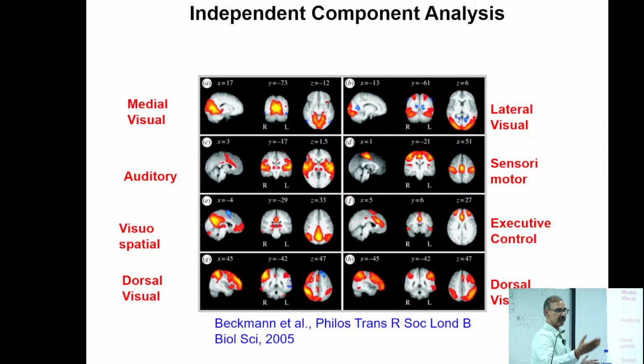So 200,000, while the number of voxels is maybe 10,000. So now you can do a component analysis along the time domain, right? And then by doing that, they could identify these regions from one resting state scan.